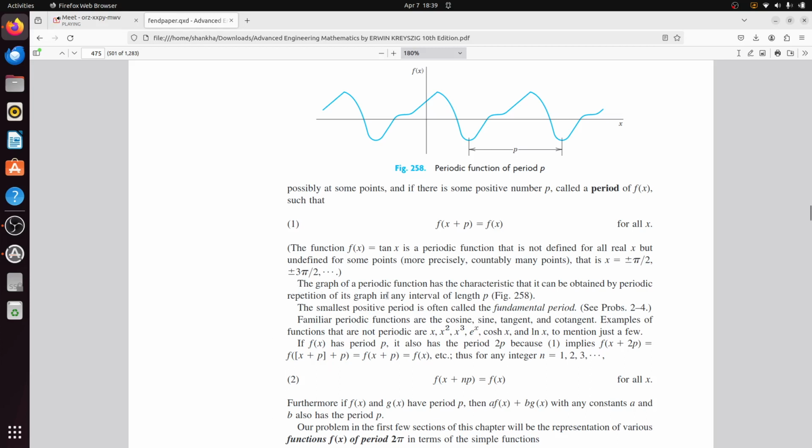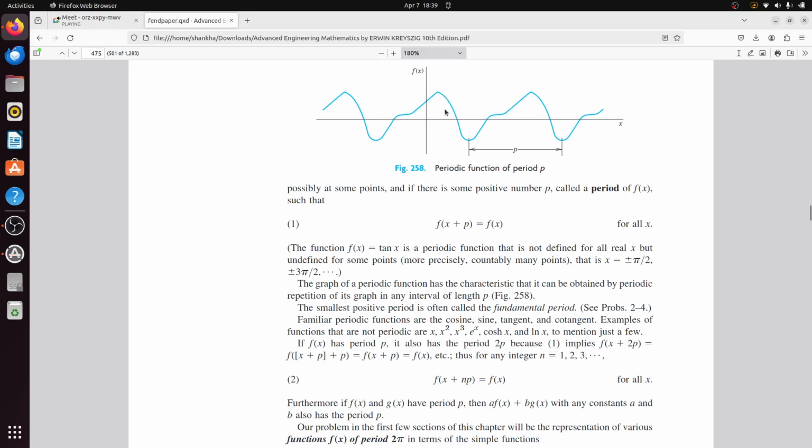So the graph of a periodic function has the characteristic that it can be obtained by periodic repetition of its graph in any interval of length p. That means you can consider the portion from this peak to that peak, and if you repetitively put this portion, you will get the actual graph.